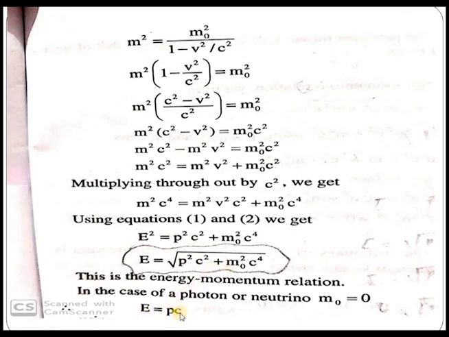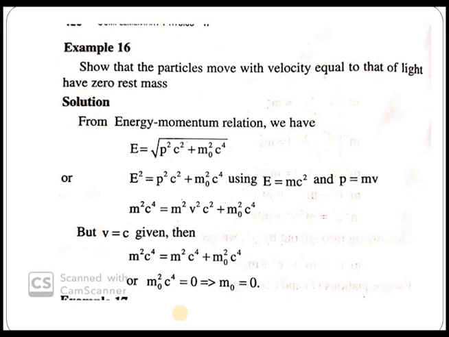So you have studied two equations: Einstein's mass energy relation E is equal to mc square, and the energy equation in terms of momentum, E is equal to root of p square c square plus m0 square c raised to 4, or in a specific case E is equal to pc.